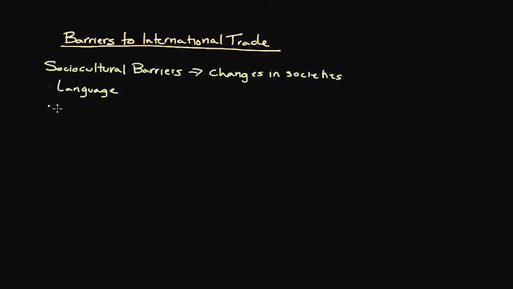We also have to consider changes in preferences. Although we live in a global economy, there are still some differences with regards to preference in different areas of the world. So, for example, there are some dietary considerations that need to be addressed.